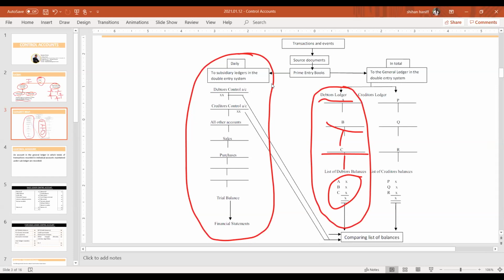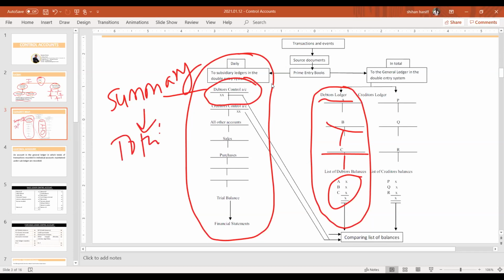And to show the debtors-related transactions in the general ledger, the businesses will prepare the debtors control account. Control account means it is a summary where we show the total values.